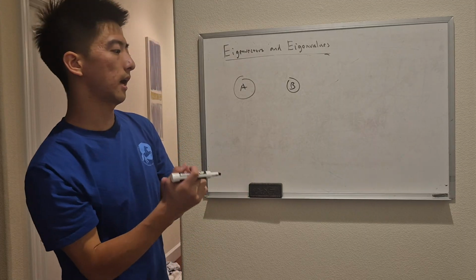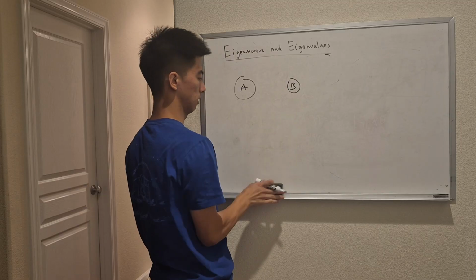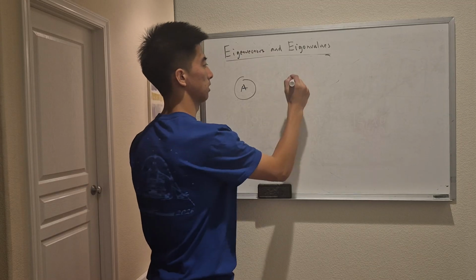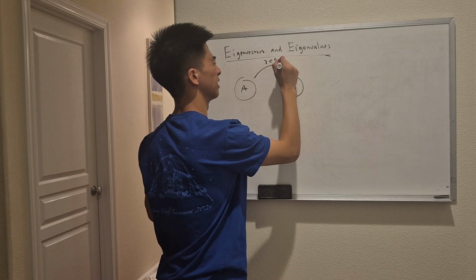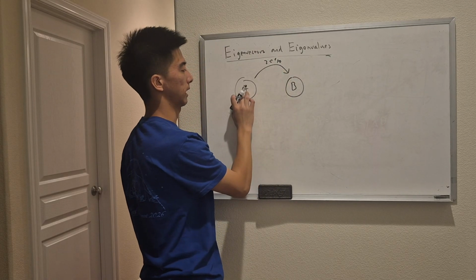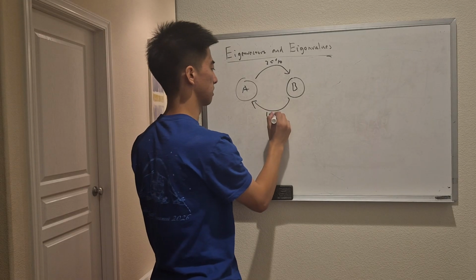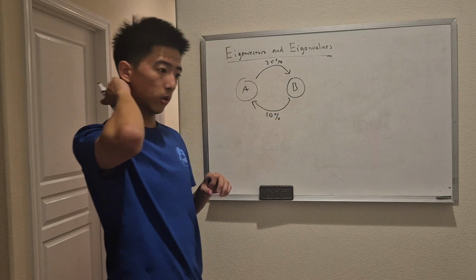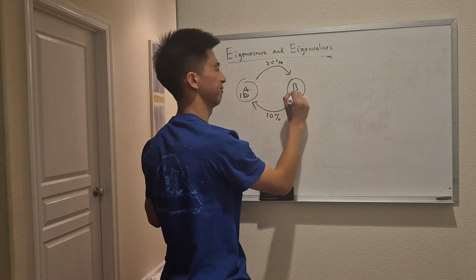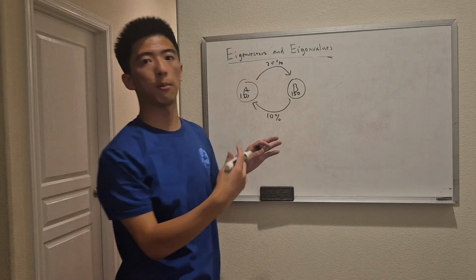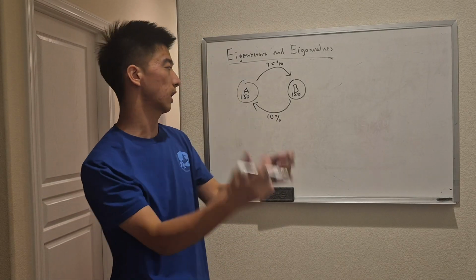Let's say at every unit of time, 20% of units of bacteria A gets converted to B, and 10% gets converted from B to A. Now let's say they both start at the same amount of bacteria, like 150 each. What do you think will happen in the long run, after you run for multiple units of time?